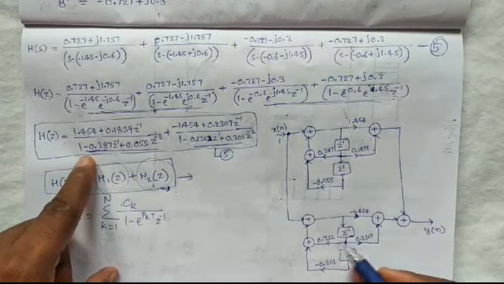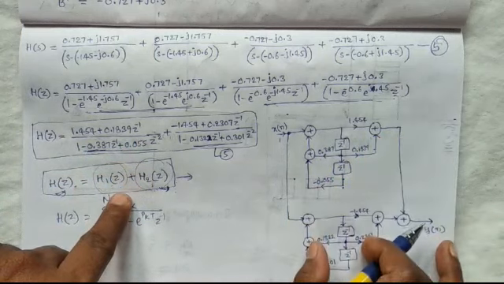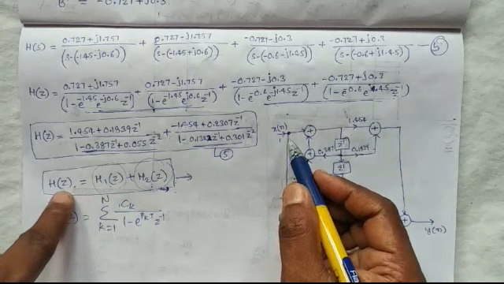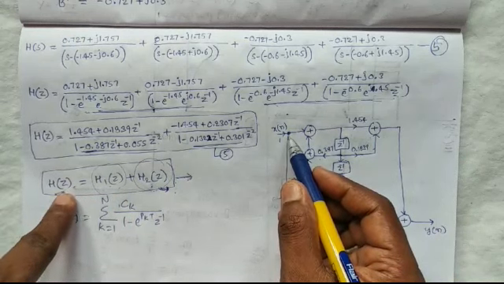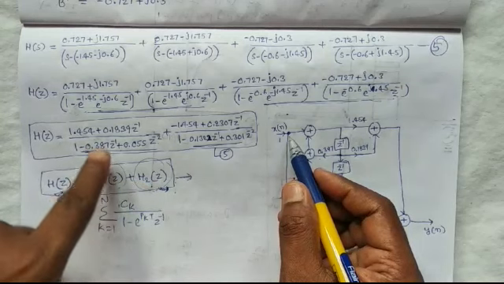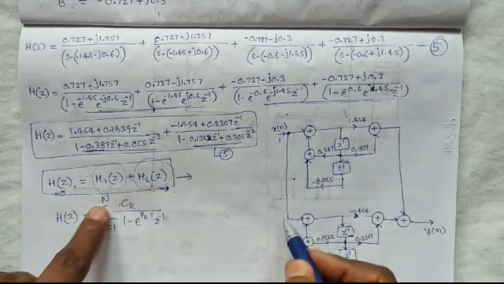Here we are connecting these two blocks in parallel. The input to both the functions H1 of z and H2 of z is the same, x of n.